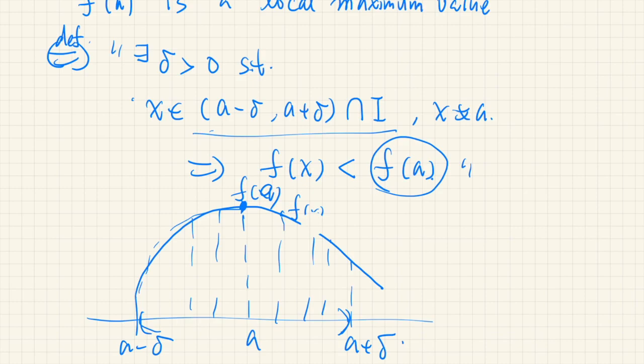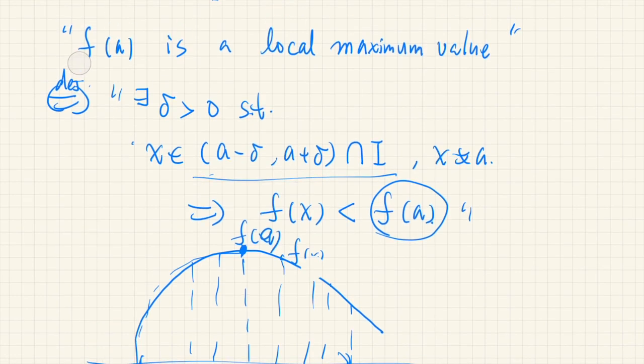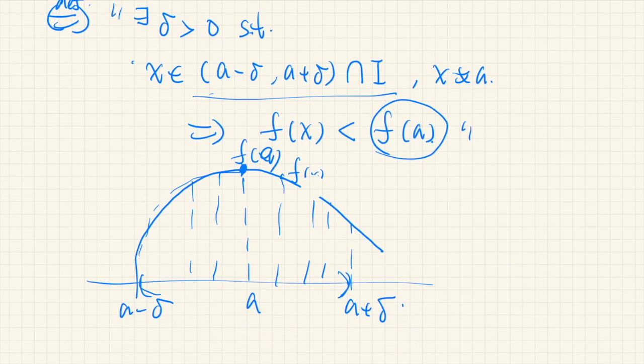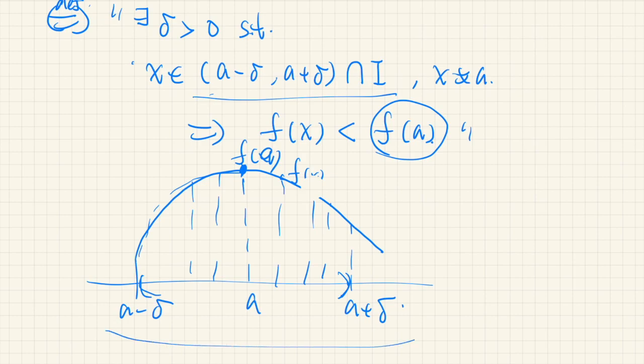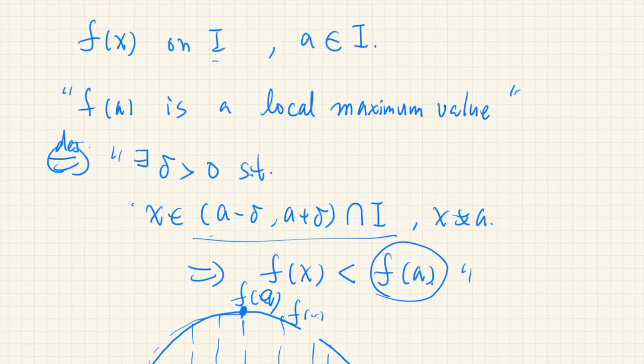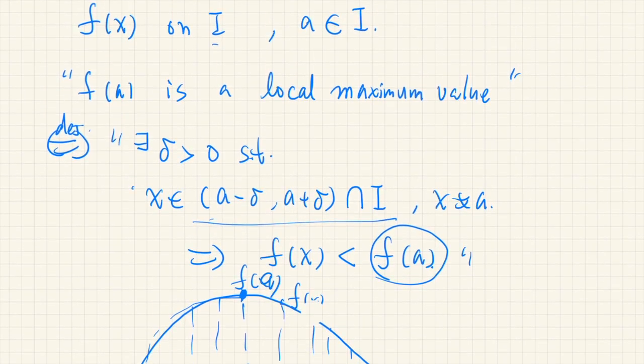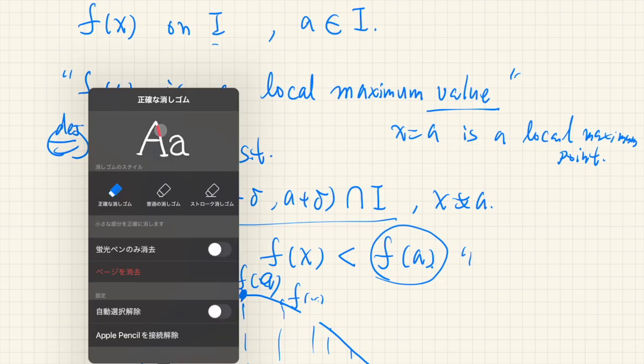So f of a is a local maximum value. Local means we are only considering this local region of the entire domain of the function. And when f of a is a local maximum value, then we say x equal to a is a local maximum point. There's a difference between a local maximum value and a local maximum point.